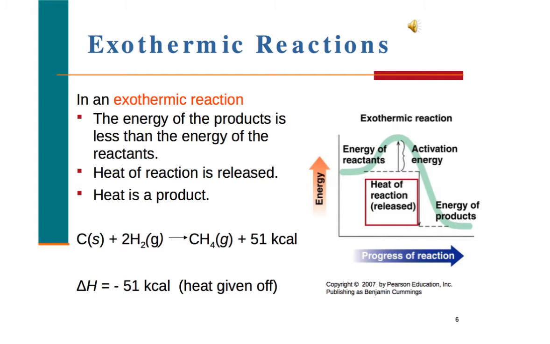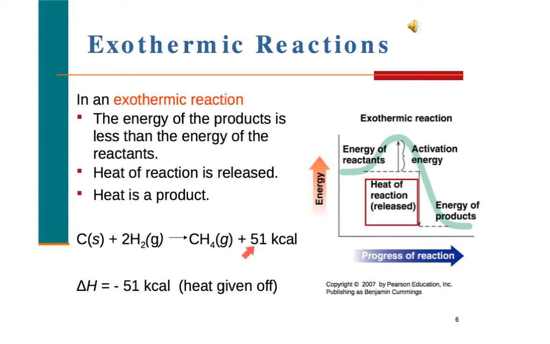One way to reconcile endothermic and exothermic reactions is to think of this arrow as having to be an equal sign. Whatever is on one side of this arrow has to equal what's on the other side.